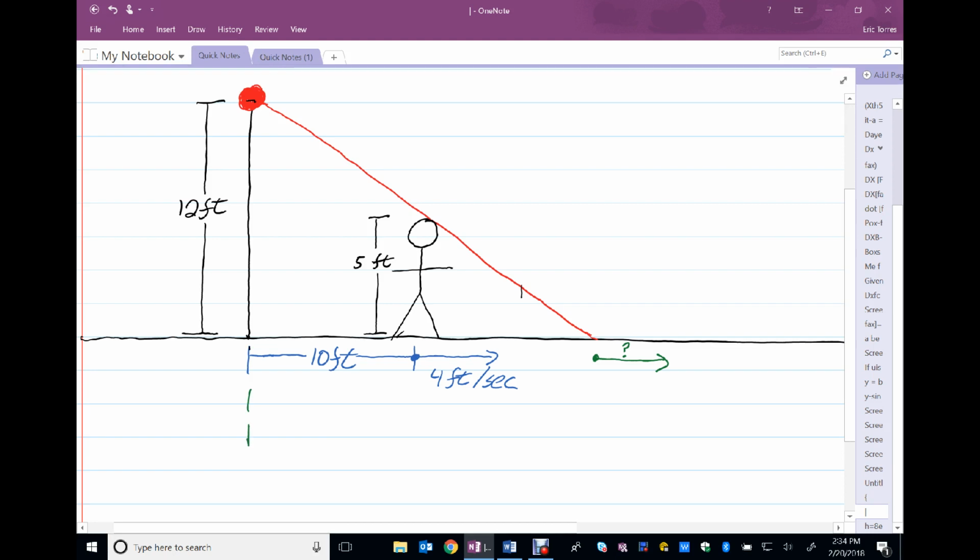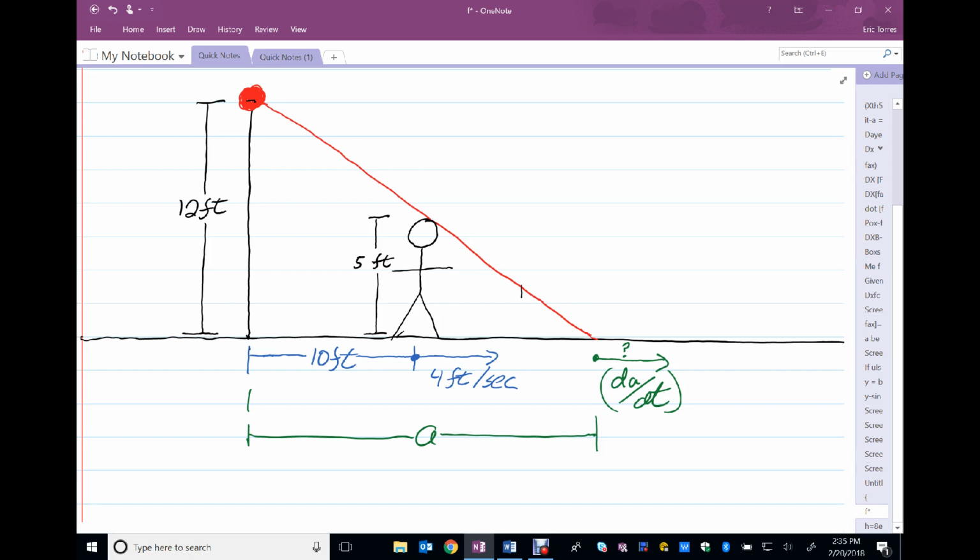But let me make it a little further down as distance A. So A is how far the shadow is from the wall, and we're looking how fast the shadow is moving away, which would actually be dA dt. So this is what we're looking for. So I need to find an equation of A that relates to the given information that he's 10 feet away and moving at 4 feet per second.